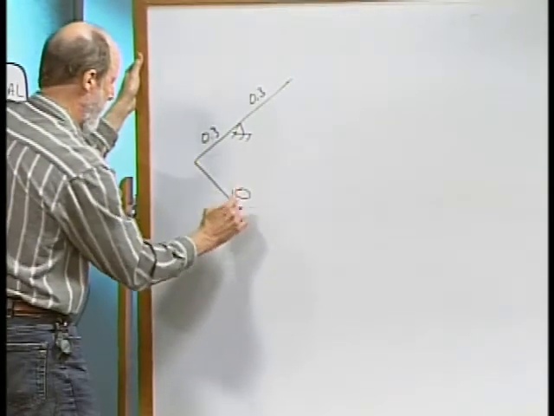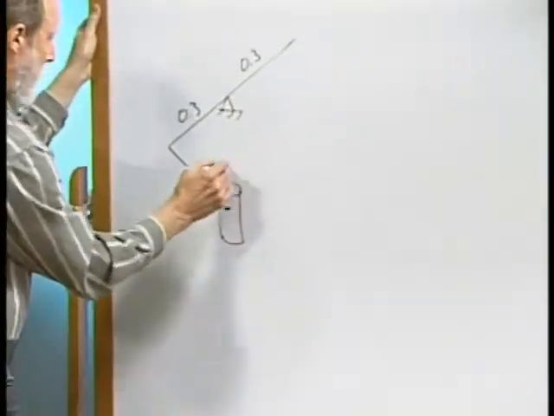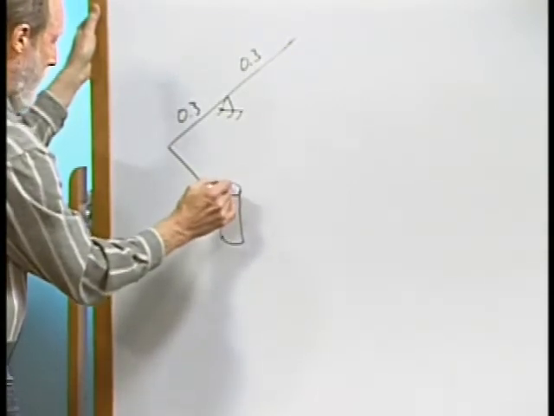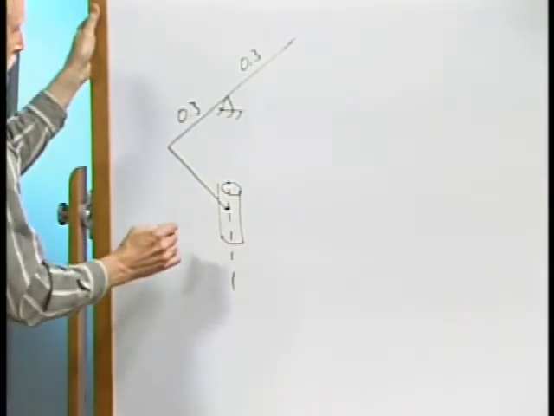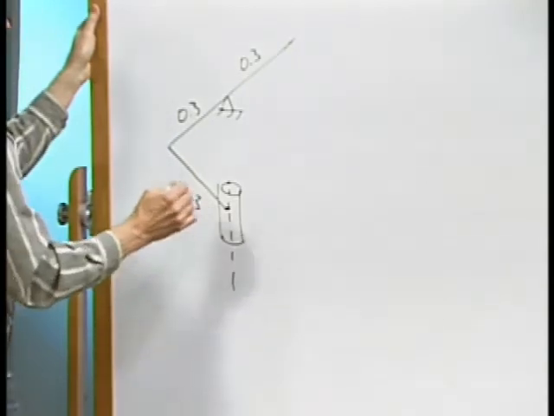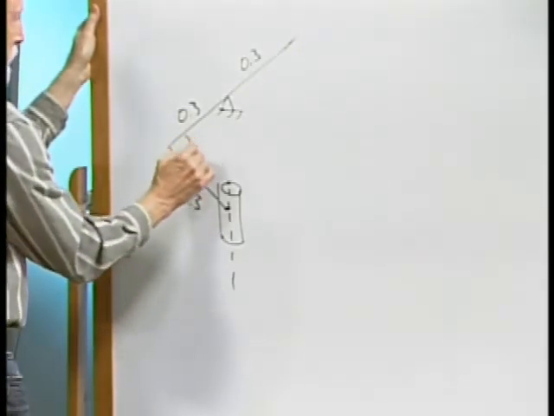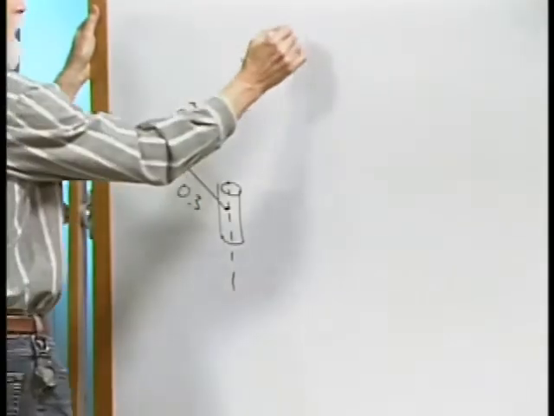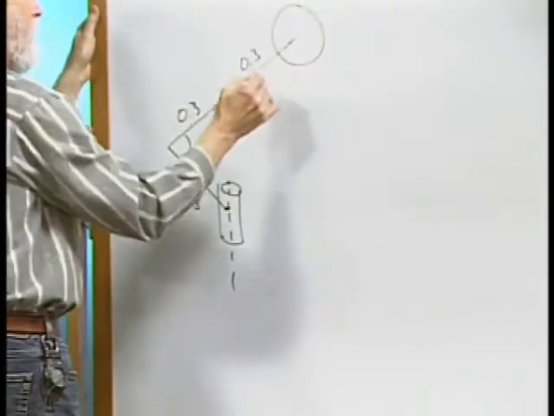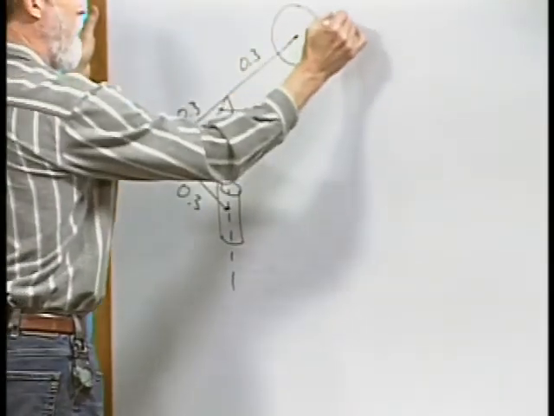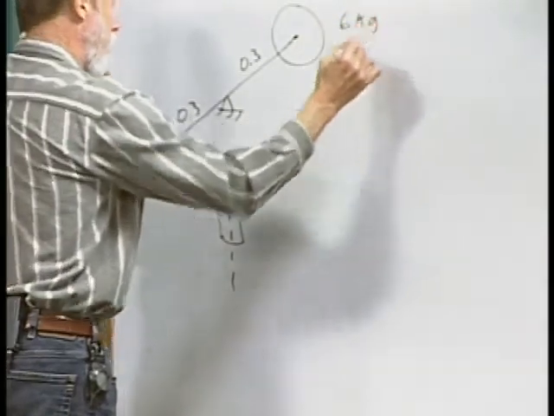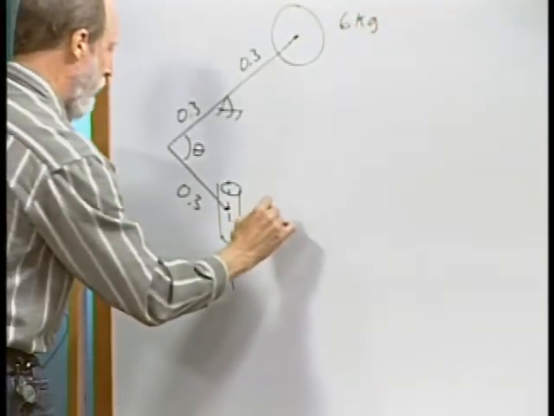I'm just going to treat it like a cylinder, and it's locked in to be able to move vertically. And this is the angle defined as theta. And then up here on the end of this arm we have this 6 kilogram mass, and I believe this one was 4 kilograms.